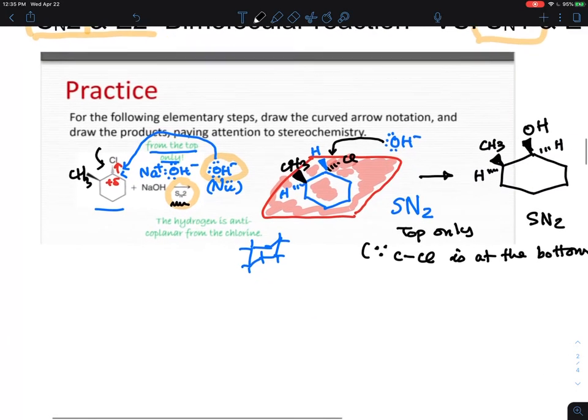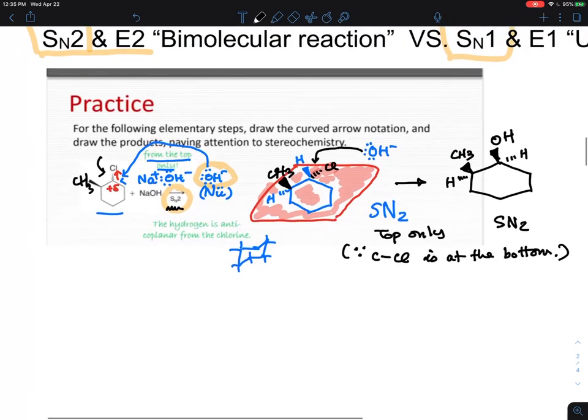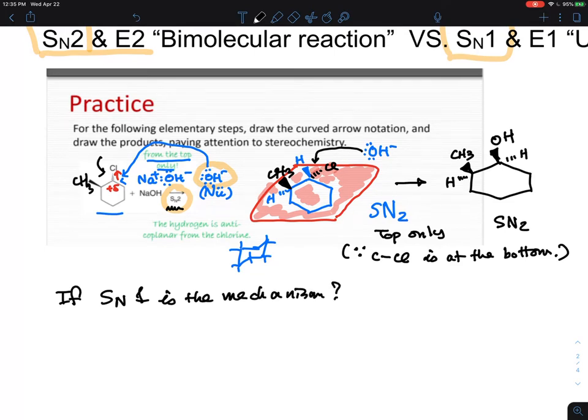And then I'd like to use this as an opportunity to explain what happens if SN1 is the mechanism. You can postulate that mechanism. This is what organic chemists do when they discover a new reaction.